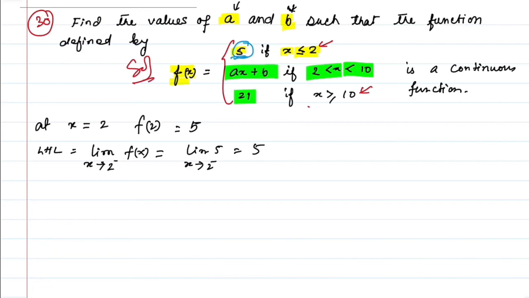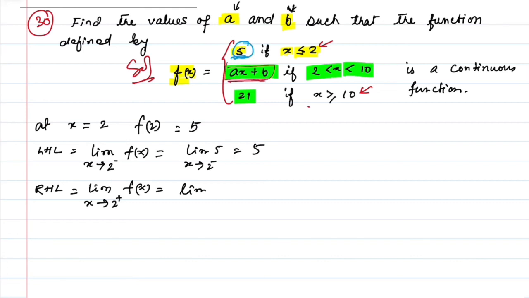So, the right hand limit means x approaches 2 from the right hand side, that means from those values which are greater than 2, close to 2 but not equal to 2. So, limit x tends to 2 positive f of x, and for x greater than 2 we have the expression ax plus b, isn't it, ax plus b.